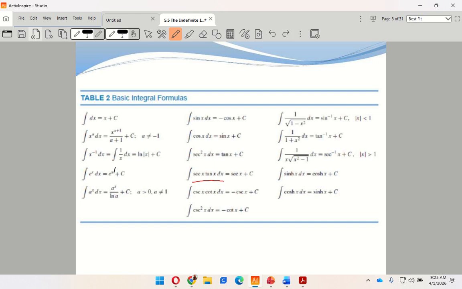So the first one we're dealing with looks like this. My arc sine, isn't it? Yes?